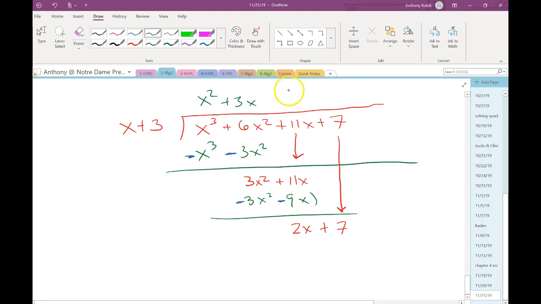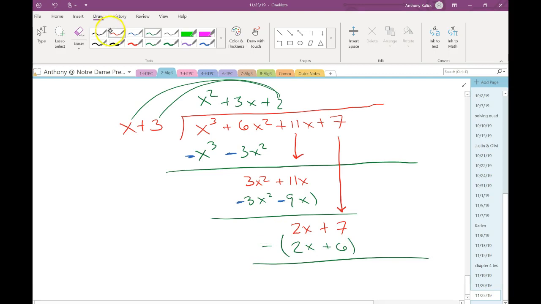And then I'm going to ask, what times x gives me 2x? 2. So I'll write plus 2, and then I'll take that and multiply it by each term and subtract down. What do I need to remember at this step? Distribute that negative.